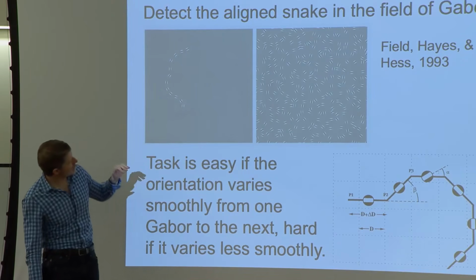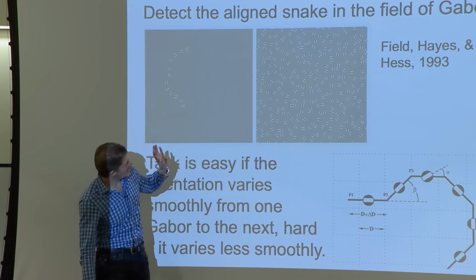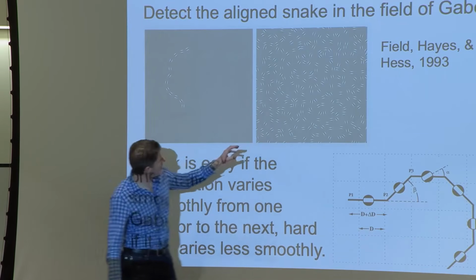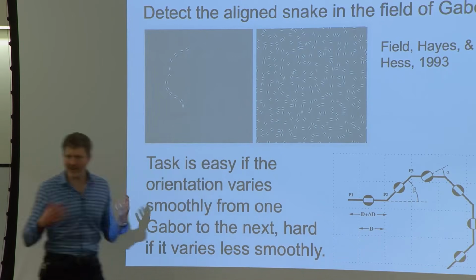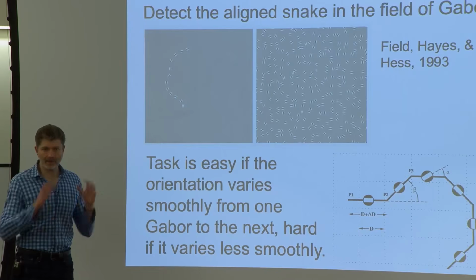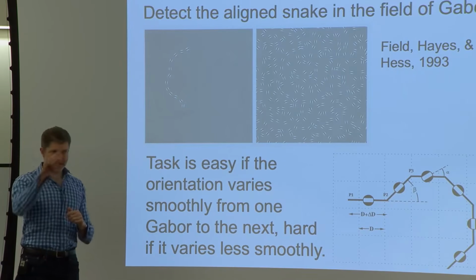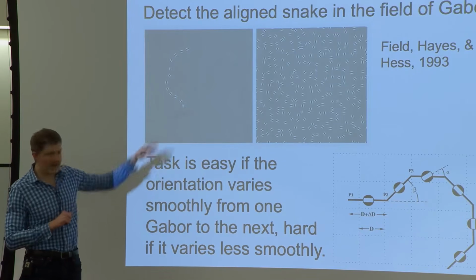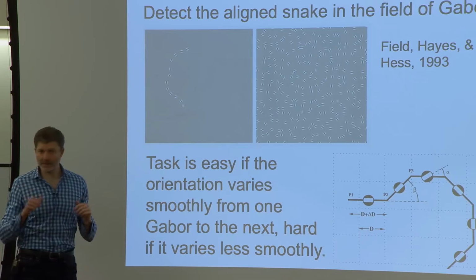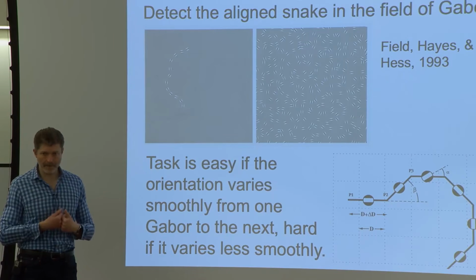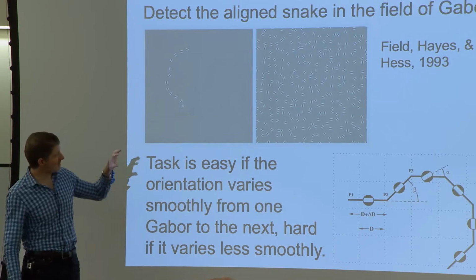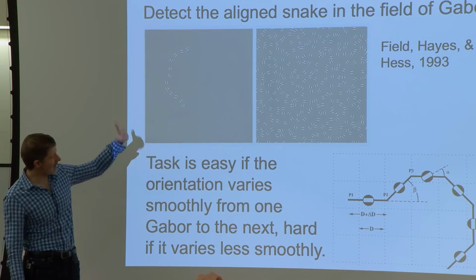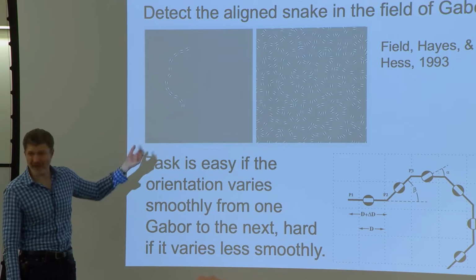And what you're supposed to see when you look at this is that the continuous contour pops out a little bit, right? You can look at that and see that there's this continuous thing amid this field of randomish Gabors. And the argument is that that is a consequence of perceptual grouping.